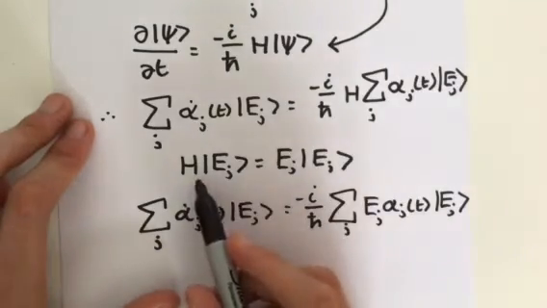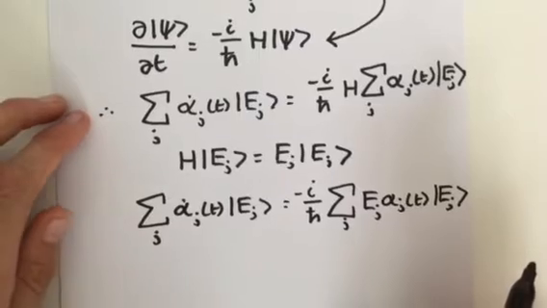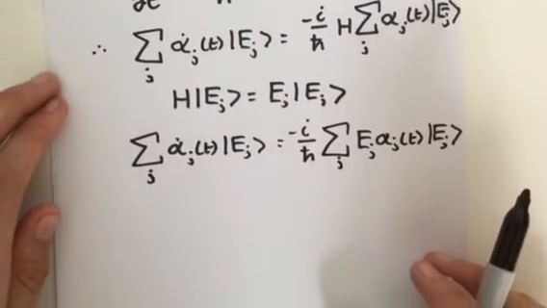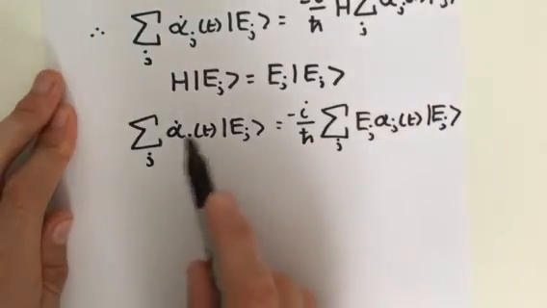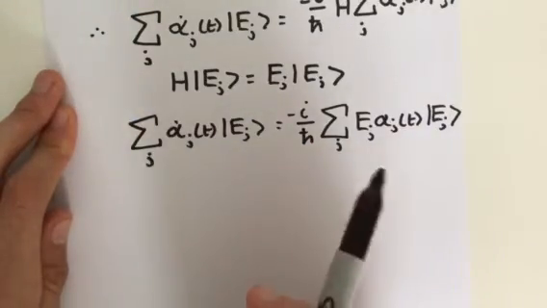So we can get rid of the Hamiltonian. Now we can rearrange this equation.